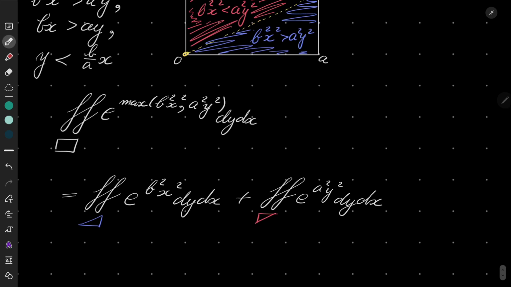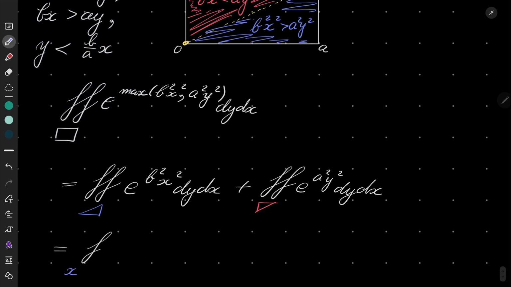Now let's write our integral in the following manner. In the first integral, the order of integration will stay the same. The outer integral will be over x.